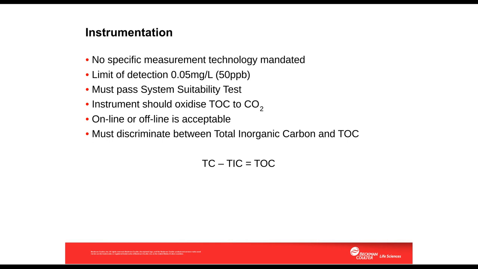Now, this discrimination can be achieved either by purging the TIC from the sample before oxidizing the organics, or by measuring the TIC in the sample and then subtracting that from the final total organic carbon measurement made after all the organics have been oxidized to carbon dioxide, total carbon. So some analyzers measure TC and TIC, do the maths and calculate the TOC, and this is perfectly acceptable according to the USP.